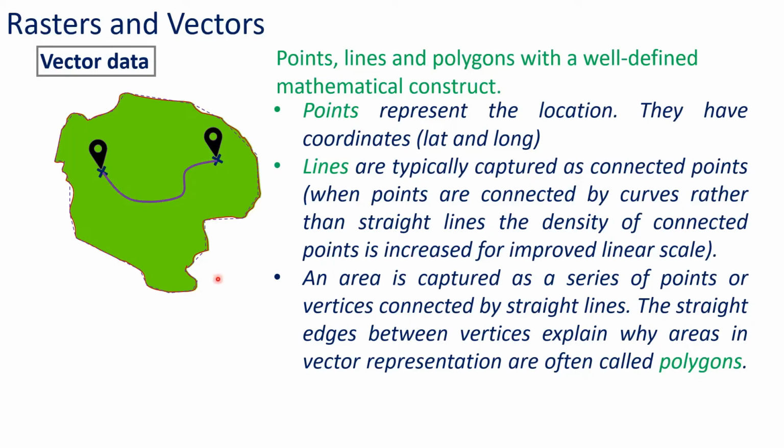An area is captured as a series of points or vertices connected by straight lines. The straight edges between vertices explain why areas in vector representation are often called polygons. So: points, lines, polygons. Points have the attributes of a location, x and y coordinates, latitude or longitude. Lines have length and direction, and extra attributes, and polygons have areas.